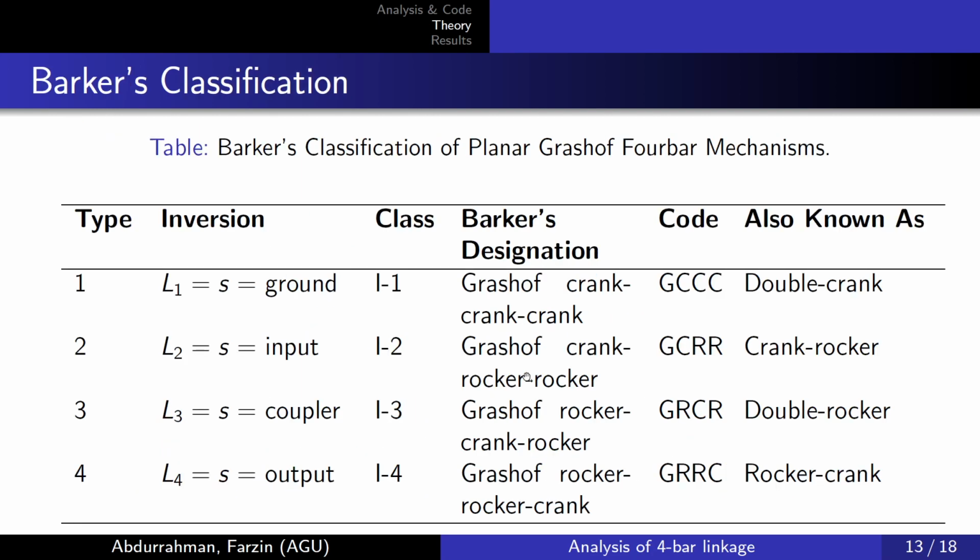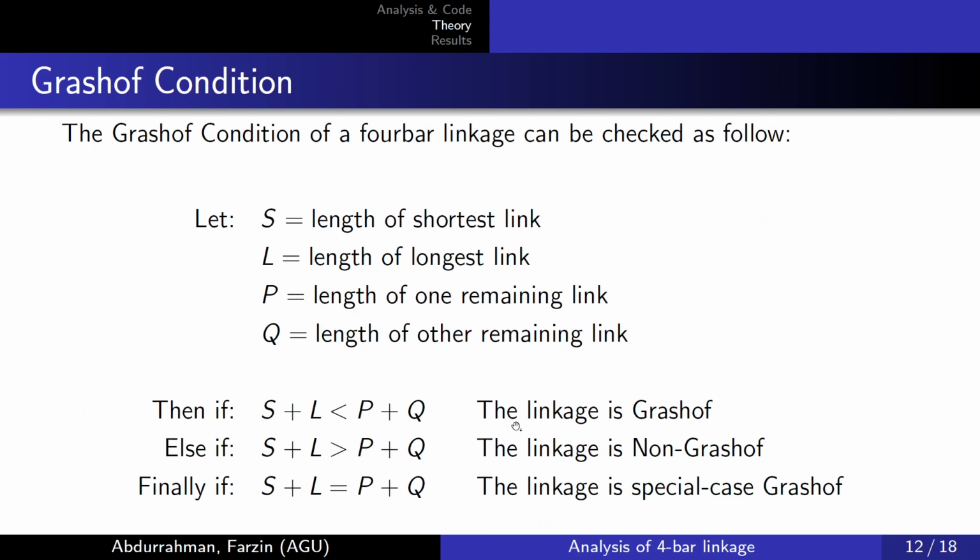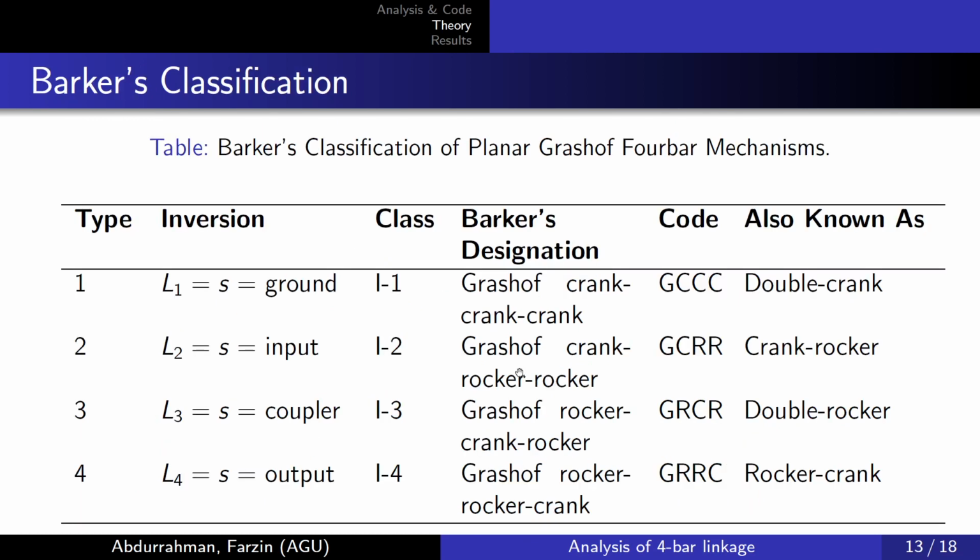The next thing, since in our case we'll be working only with Grashof mechanisms, we could use Barker's classification to predict what type of motion we'll be seeing.